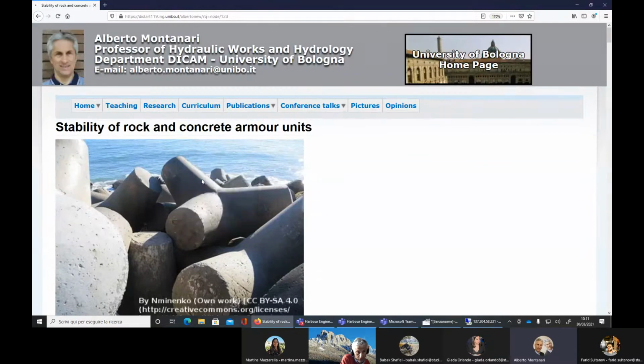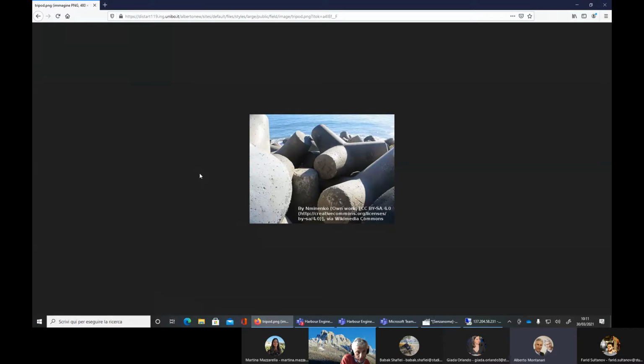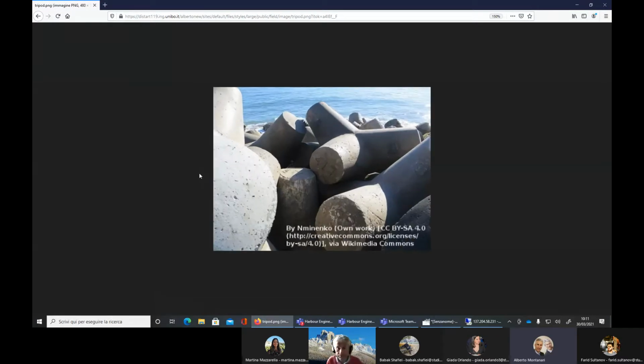If I look at this picture, you see that the units are not isolated. You see first that the slope is very mild here. It's a very gentle slope. But actually, when you build groins, you may have indeed slopes that are significant. Besides the slope, you see that the units are not isolated. But let's start to discuss the physical process from a very simple scheme, the isolated unit.